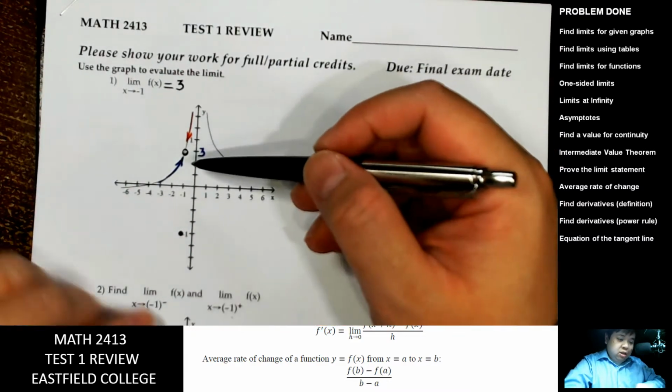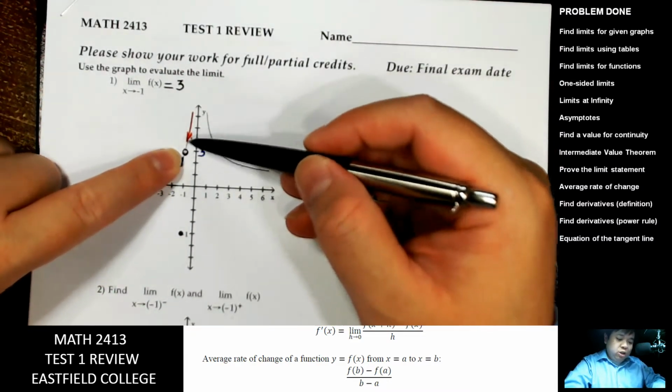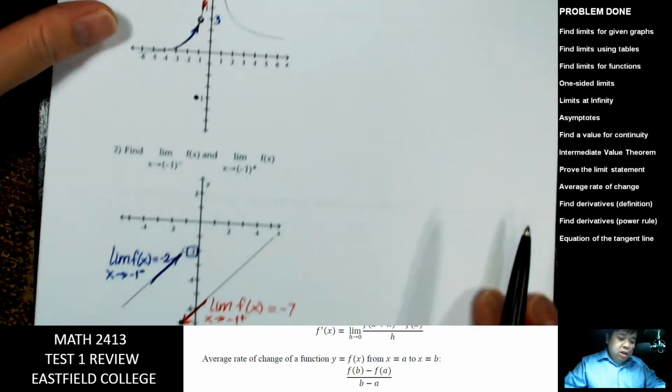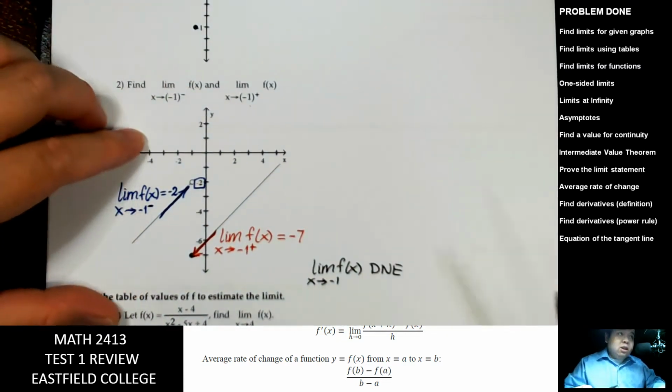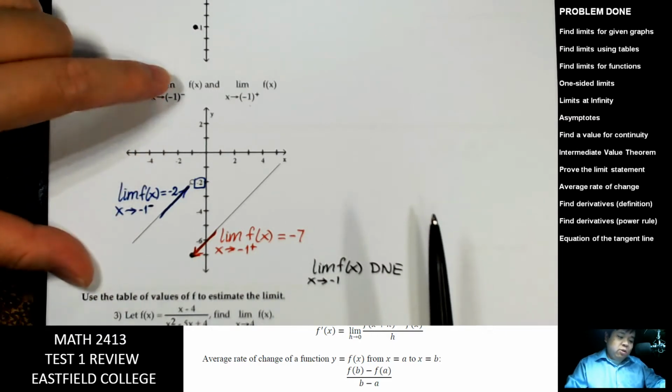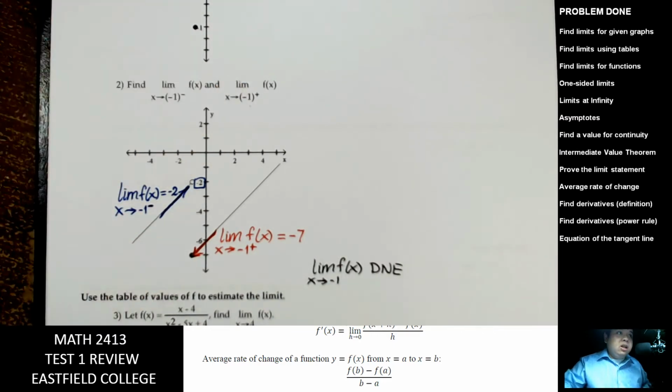On the previous problem, both of the limits go to the same point, so the limit exists. This one doesn't. Once again, the question only asks for the left side and the right side for the limit. So that was 1 and 2.